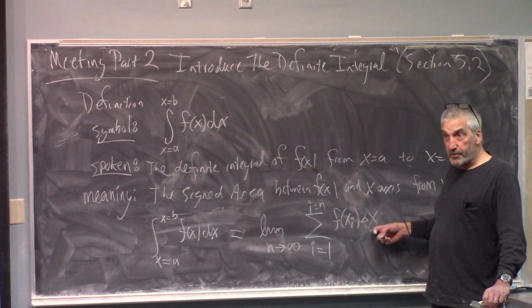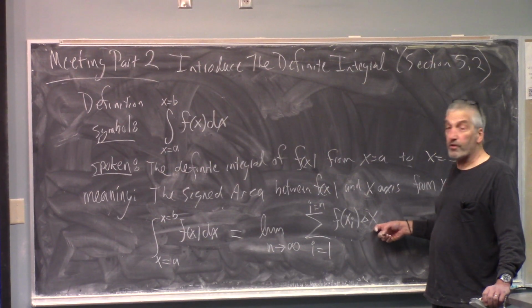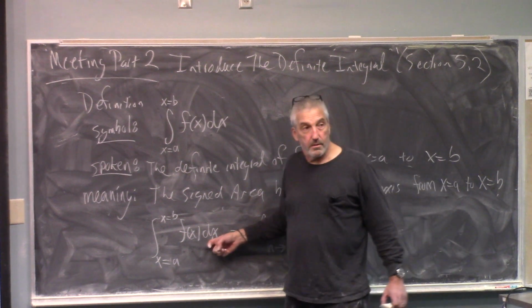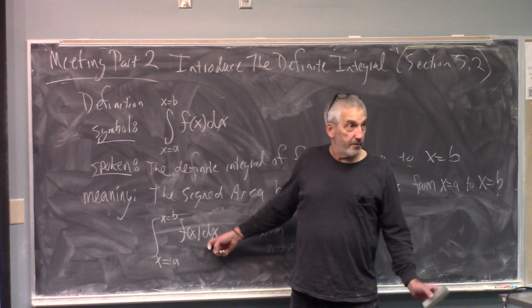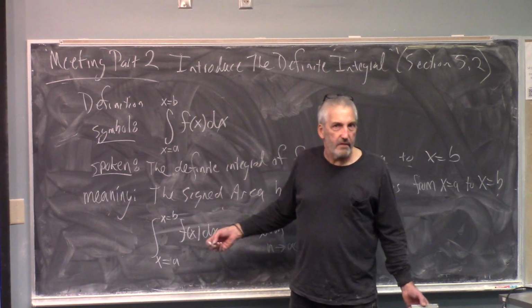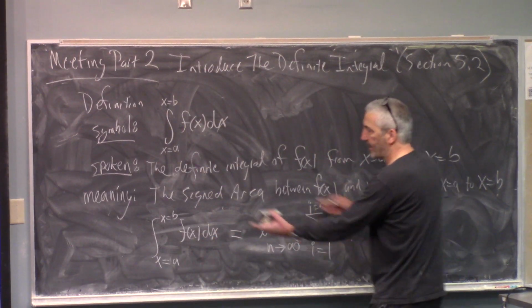Now, in the sciences, you'll hear people throw around jargon sometimes that would drive me crazy. One thing that I heard is, here the rectangles are infinitely skinny, which would drive me crazy because I don't know what that means. Infinitely skinny doesn't help me at all. We know what limit means. You're taking the limit of this, and that's what this stands for.